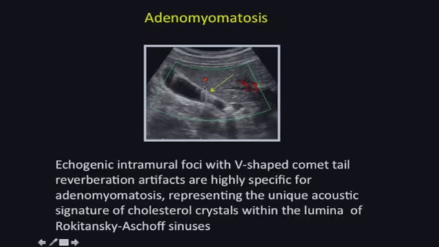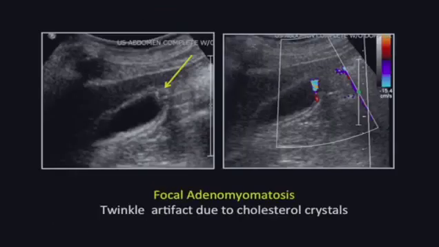So here's a patient with the typical findings of adenomyomatosis on ultrasound. These echogenic foci with V-shaped or comet-tail artifacts are very unique for adenomyomatosis, due to the cholesterol crystals within the lumina of the Rokitansky-Aschoff sinuses.